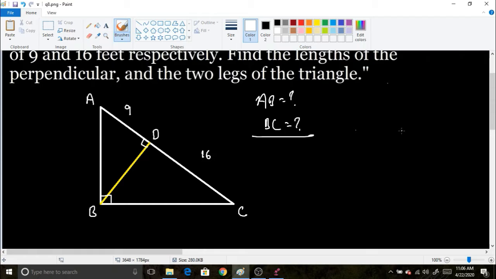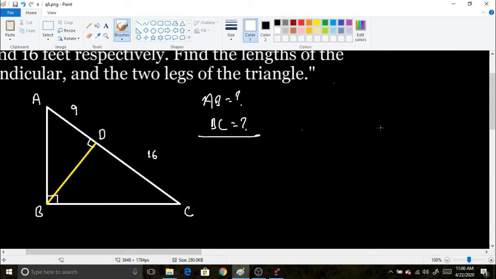Okay. So I'm going to use one of the theorems: if a perpendicular is drawn from the right angle to the hypotenuse, then it divides the triangle into two similar triangles.